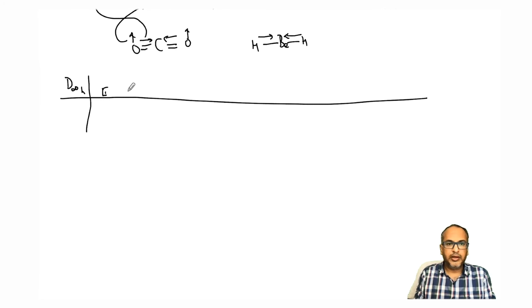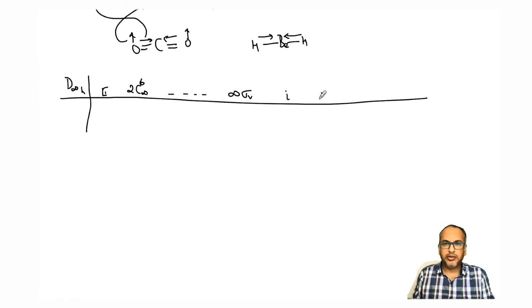E, 2C∞^φ, ∞σv, i, 2S∞^φ, ∞C2. Okay, this we have already seen. So this is Γ reducible using these arrows as the basis, and under E these arrows would not change.